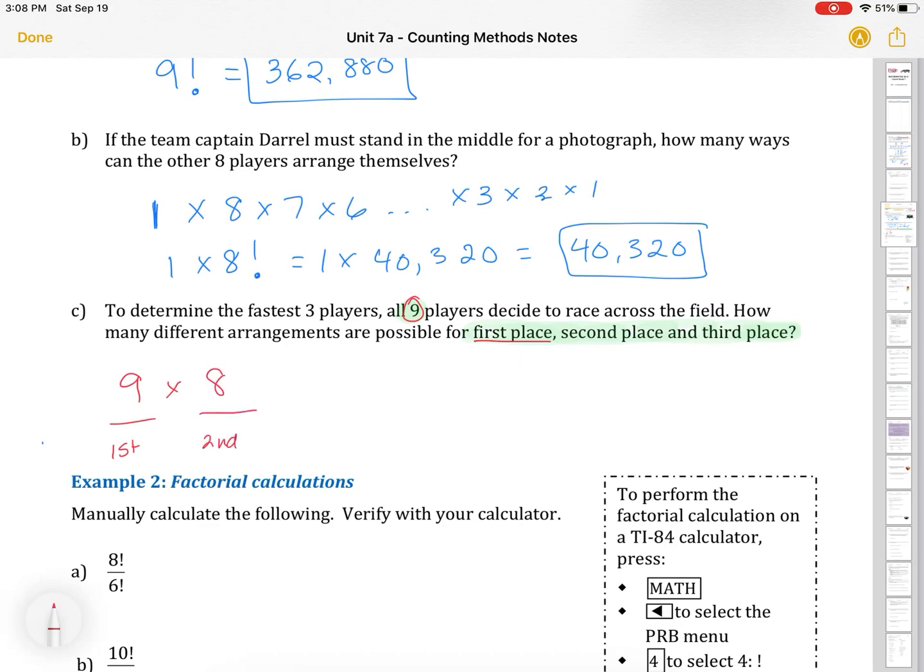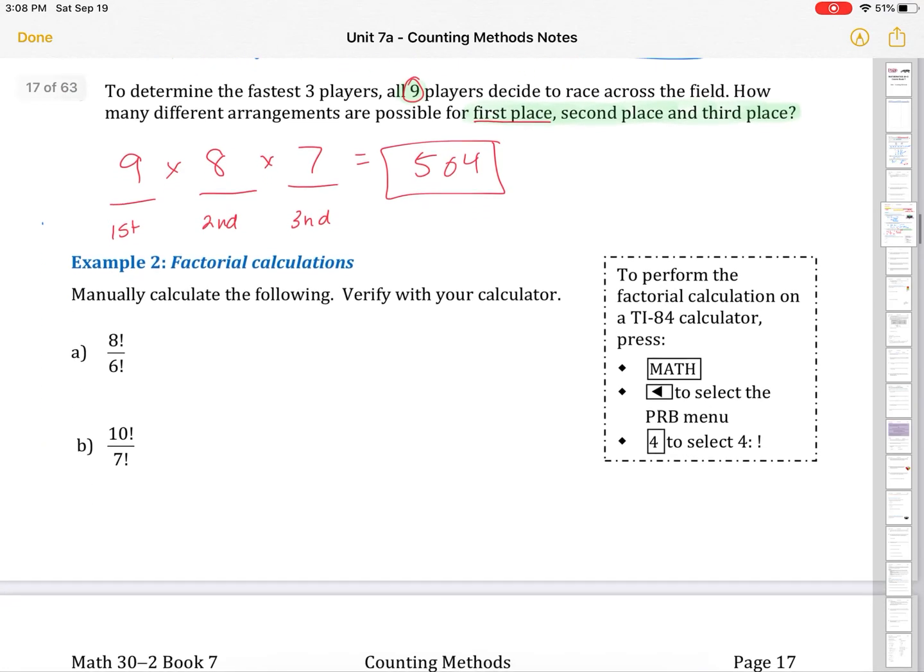So this is for first place. Now one person won first place, so there are only 8 left. So this is for second place. And then for third place, we just have 7 left. Now, we don't care in this question who gets 4th, 5th, and 6th. We just want to know who are the top 3. So we are just going to multiply, using our fundamental counting principle, 9 times 8 times 7, which works out to 504. Okay?